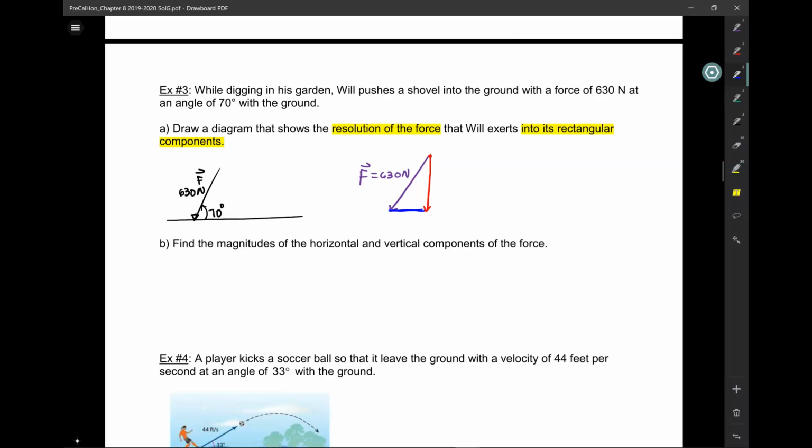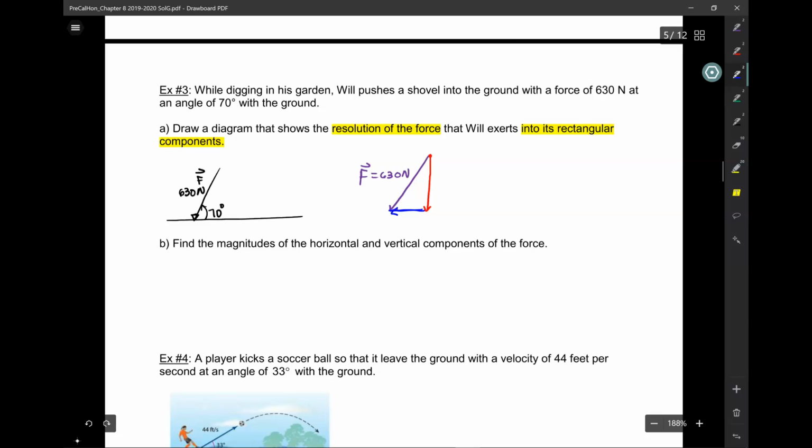So, if you followed the purple vector, or if you followed the green and the blue, both situations have to show the force going from Will into the ground. So there is no discrepancy on how to draw those arrows, right? This is the only way to draw the arrows so that it goes from Will to the tip of the shovel. Okay? So now those are the rectangular components, but we've got to label them.